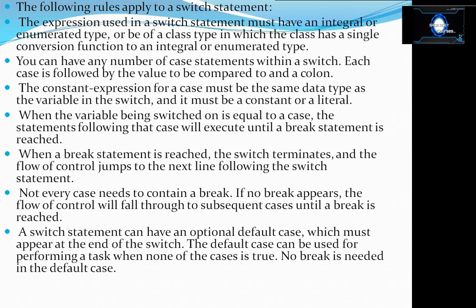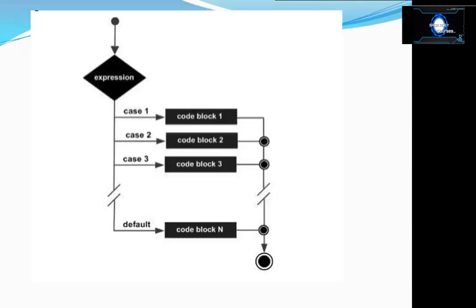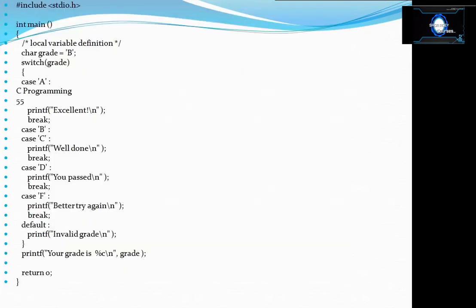A switch statement can have an optional default case which must appear at the end of the switch. The default case can be used for performing a task when none of the cases is true. No break is needed in the default case. These are some of the rules that should be applied in the switch statement. This is the functional diagram of the switch statement. This is the example program of the switch statement.